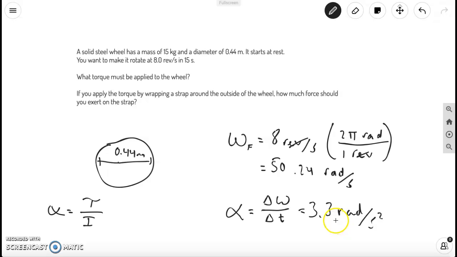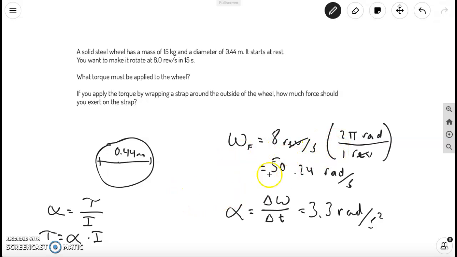Okay? If we need to find torque, the only thing we need to do is find the moment of inertia, and the torque will equal the angular acceleration times that moment of inertia. Okay?